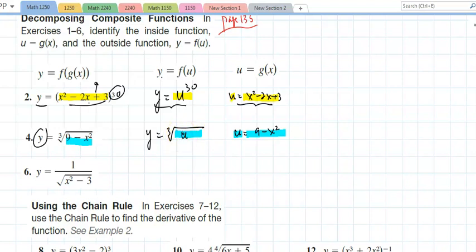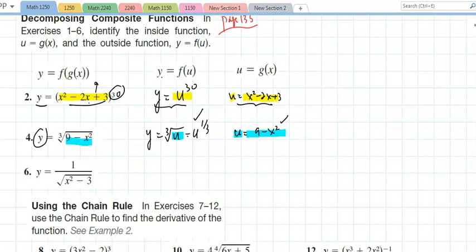And in case you're wondering how am I going to figure out this derivative, isn't that simply u to the 1/3? I know how to take a derivative of u to the 1/3, bring the power down, subtract 1 from the power. I know how to take a derivative of 9 minus x squared, and that's the trick.